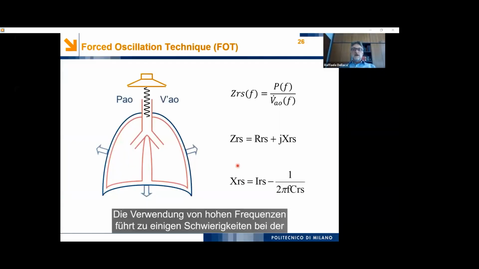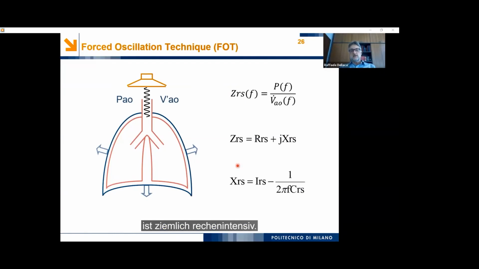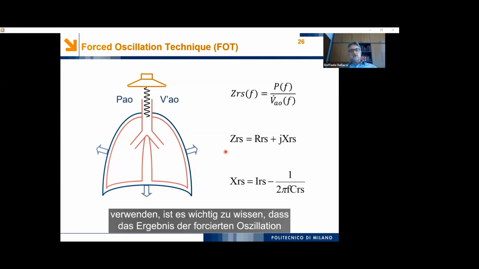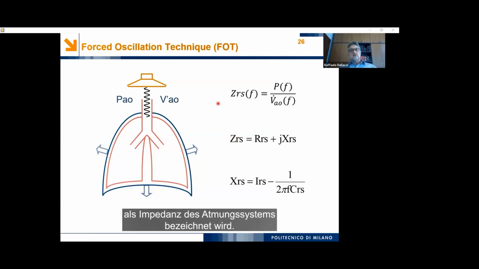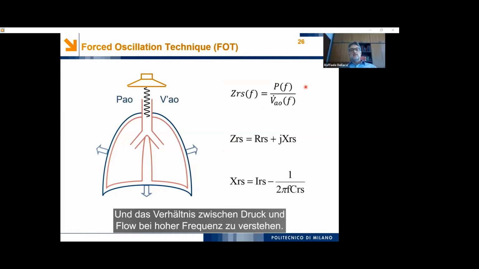The use of high frequency creates some difficulties in the analysis, and there is a lot of math behind the data processing algorithm in this system. What is important to know to understand and use this technology is that the main result of forced oscillation is called the impedance of the respiratory system. And this is the relationship between pressure and flow at high frequency.